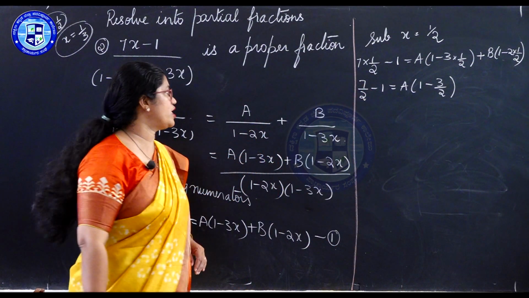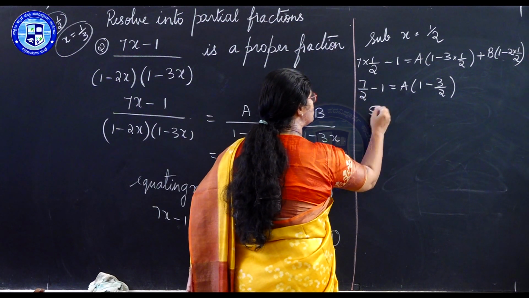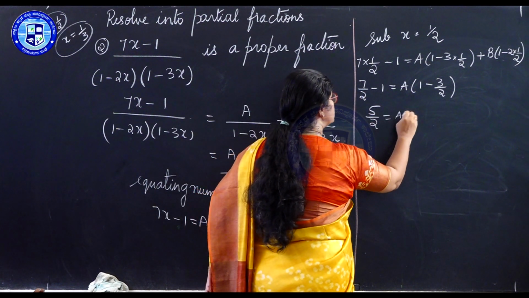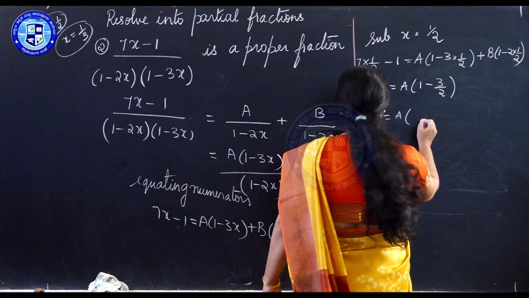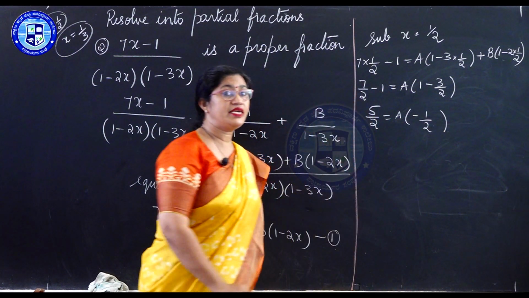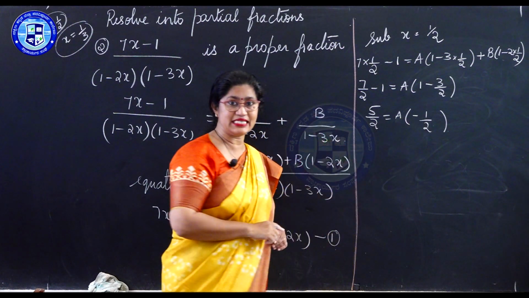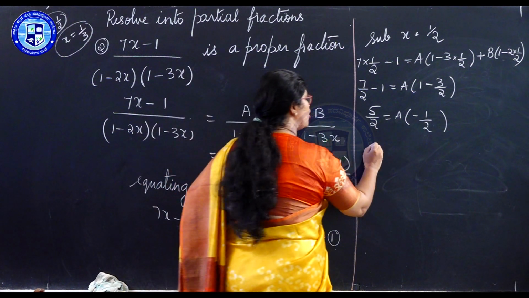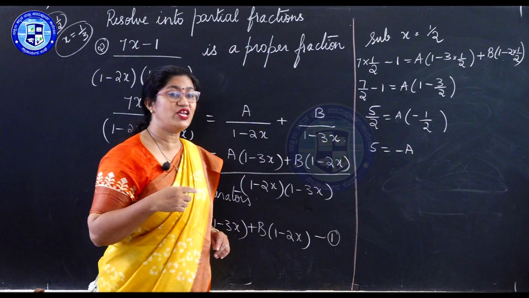So let us see what answer we will get here. Take the LCM, 7 minus 2, this is 5 by 2 is equal to a into minus 1 by 2. Be careful with the calculations. 2 and 2 will get cancelled and you will get 5 is equal to minus a, but I want to get the value of a.